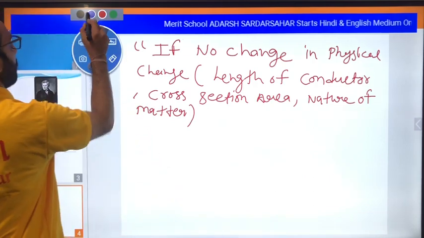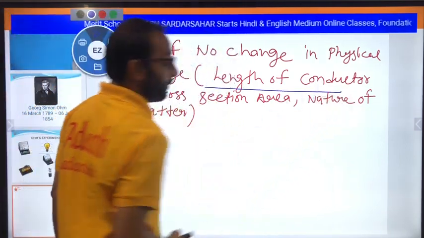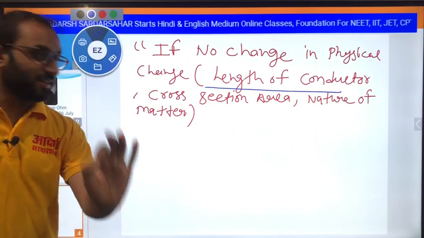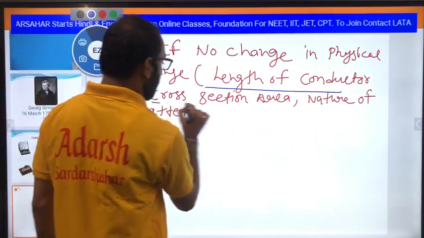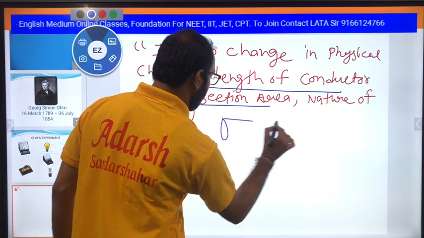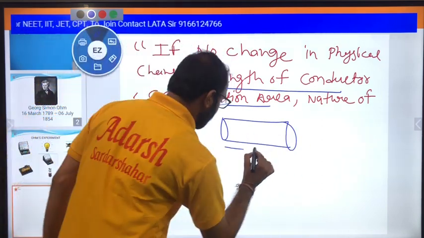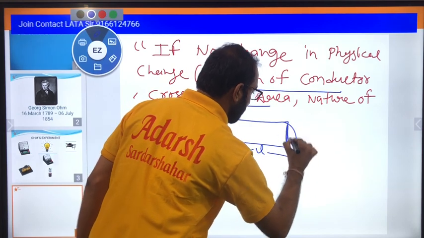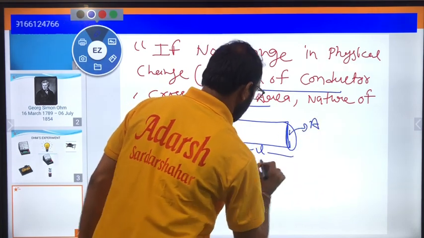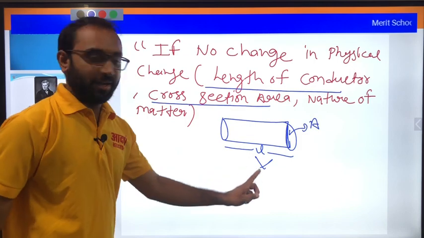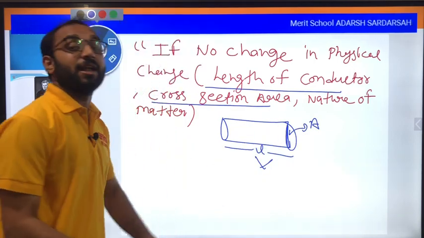Firstly, the length of the conductor: if the length of the conductor is constant, no change. Cross-section area: for example, this one is a conductor, the length is L and this one is the cross-section area. So no change in length, no change in cross-section area, and no change in the nature of the matter.